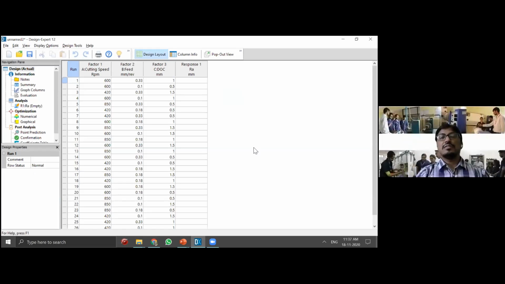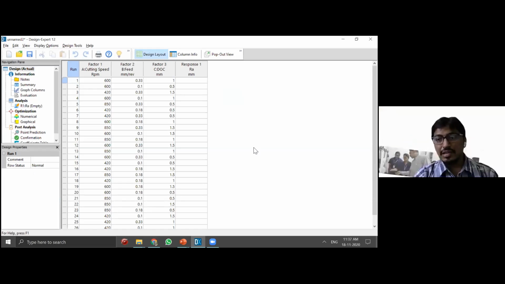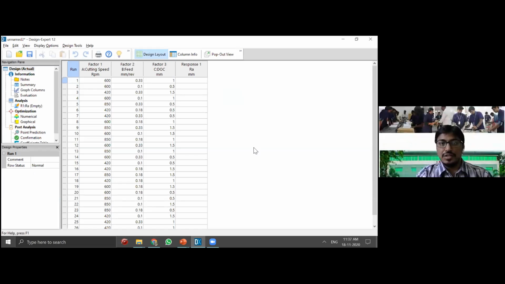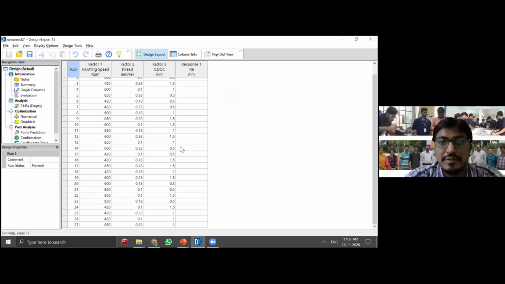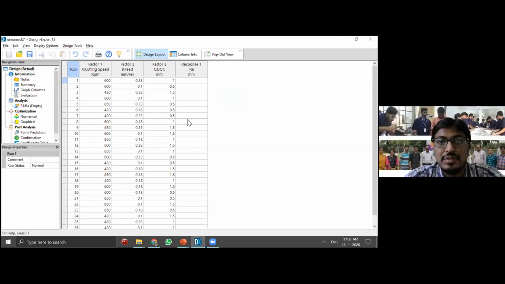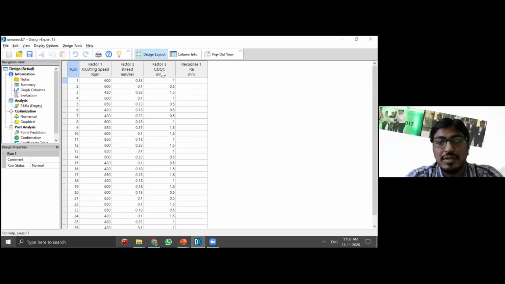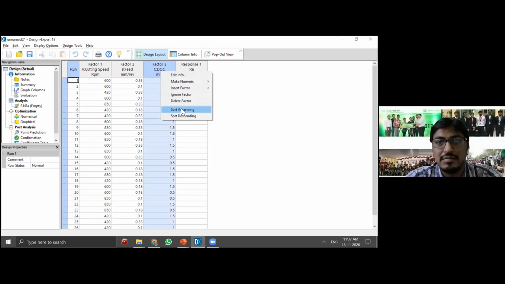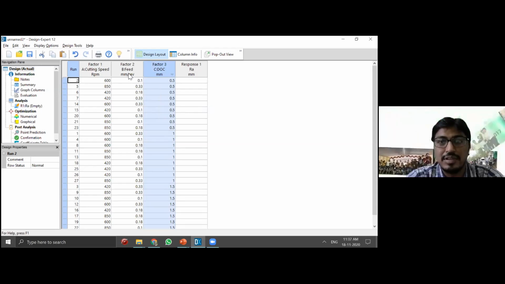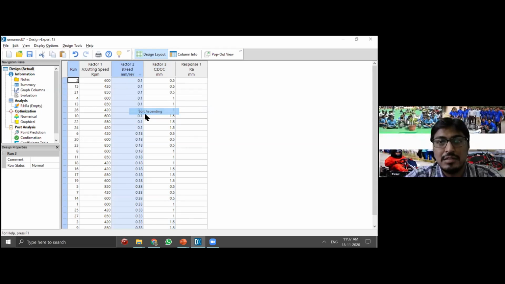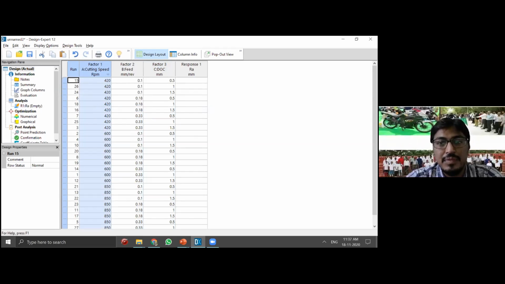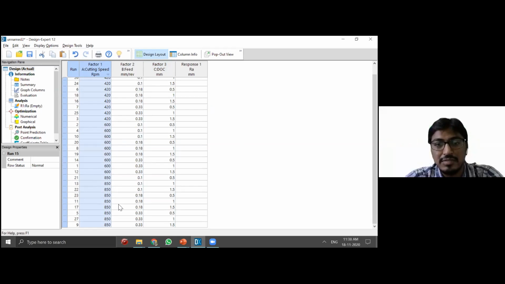Once this is done, you will get a particular run order. The same way we did it, sort by ascending order from the last factor, so that entering the data will be easy. So 420, 420, 600, 600, 850, like this we'll have around 27 runs.